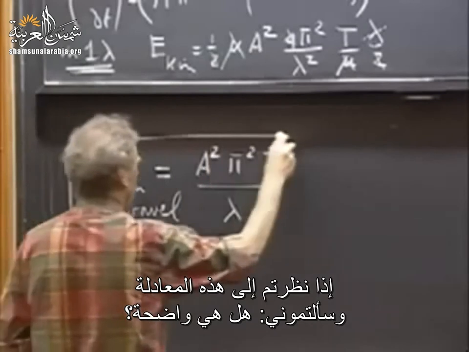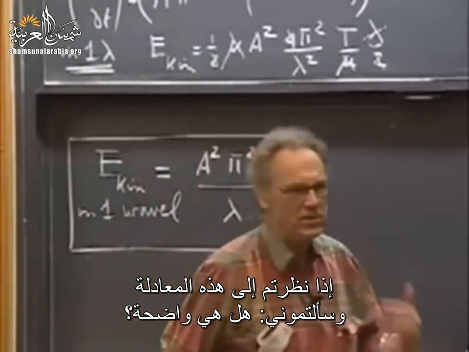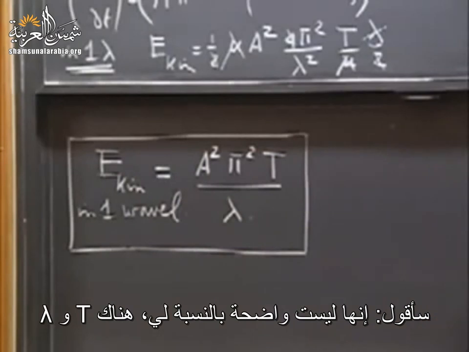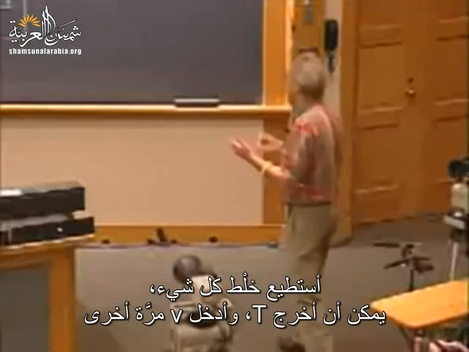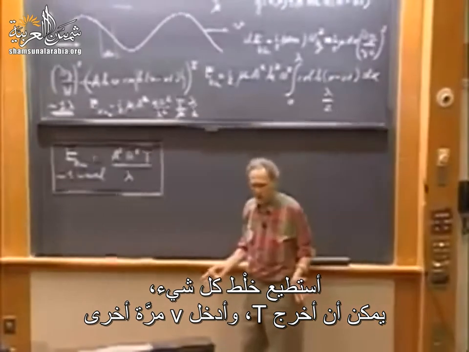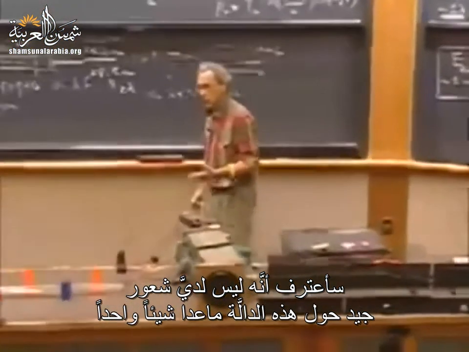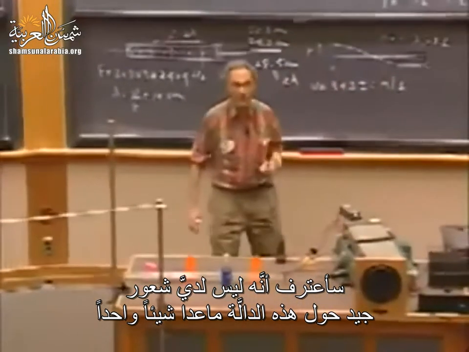Now, if you look at this and you ask me, is that obvious? I would say, not to me. There is a T, there is a lambda. My goodness. And I can also rewrite the whole thing. I can get the T out and get a V back in again. And I will admit that I don't have a very good feeling for this function, except for one.